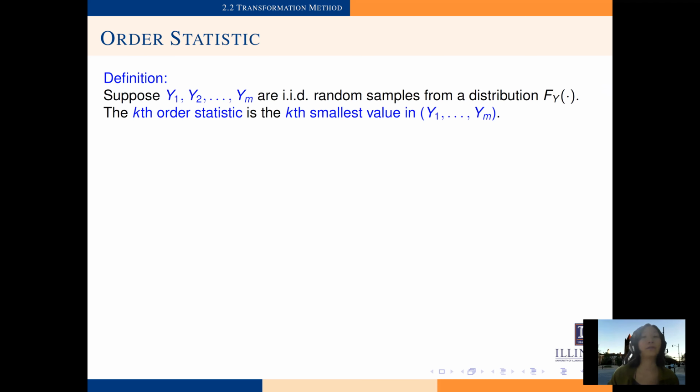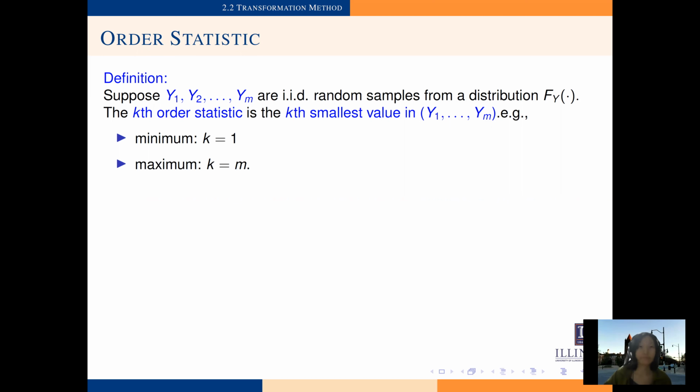Suppose that we have y1, y2, all the way up to ym, which are IID random samples from a distribution fy. Then the kth order statistic is a statistic, and it is the kth smallest value in these samples. Here are some well-known and important examples.